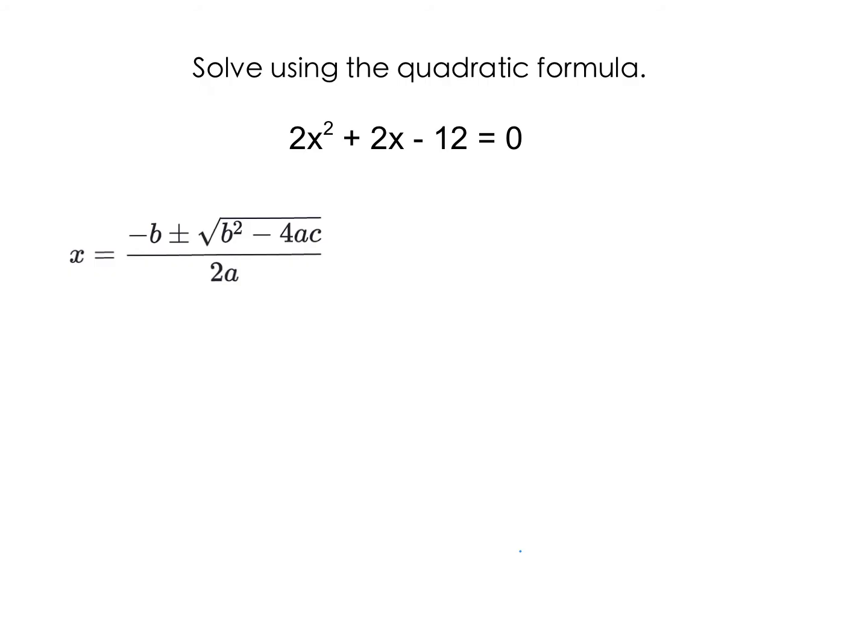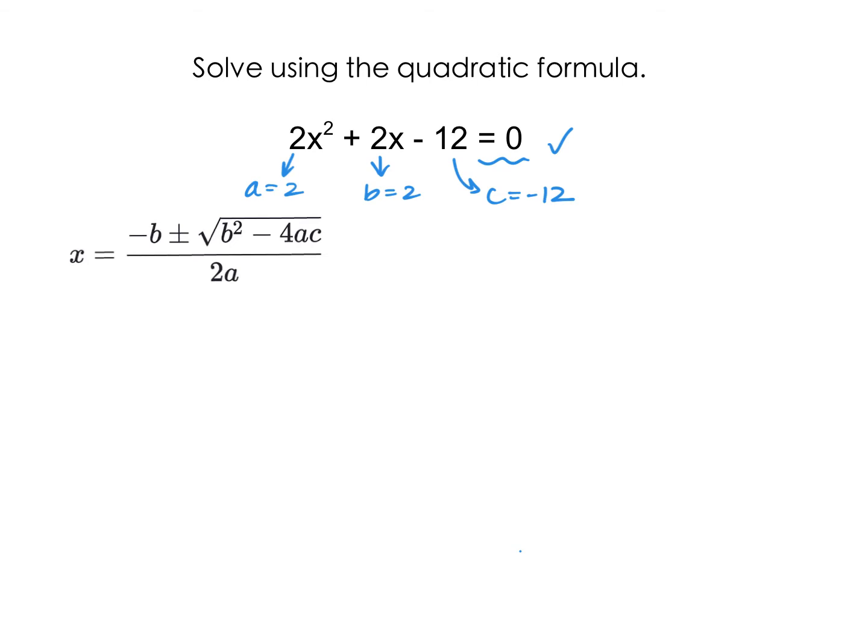Now we're going to practice using the quadratic formula to solve a quadratic. First thing we want to do is make sure that our equation is set up equal to 0. Since it is, we can go ahead and identify our values for a, b, and c. Again, a is always the coefficient on x squared, b is the coefficient on x, and c is the constant. Be careful of positives and negatives.